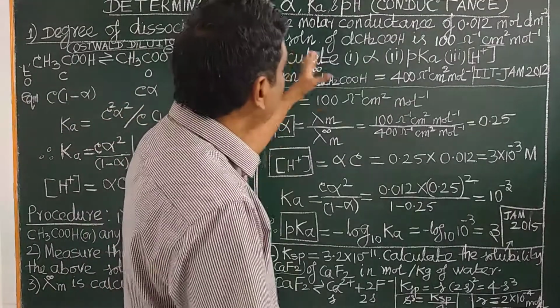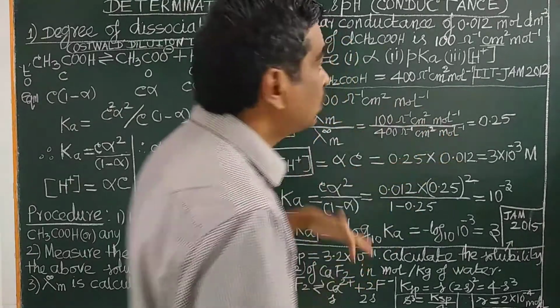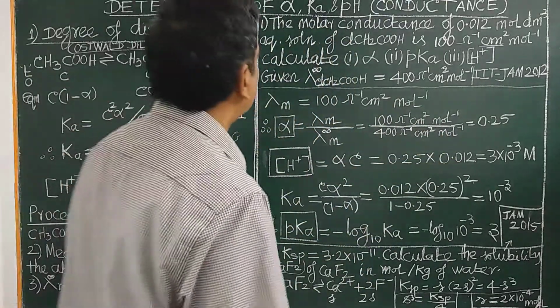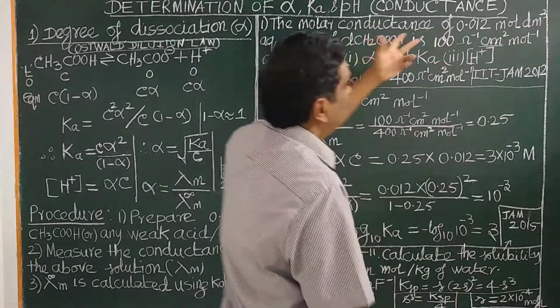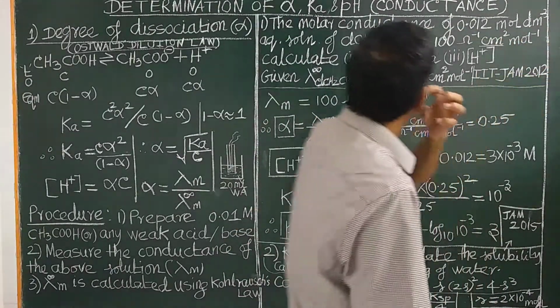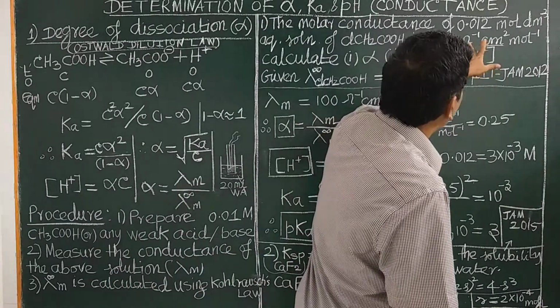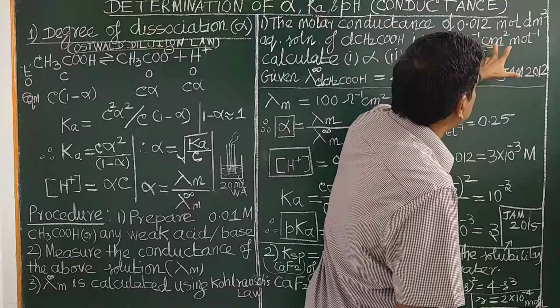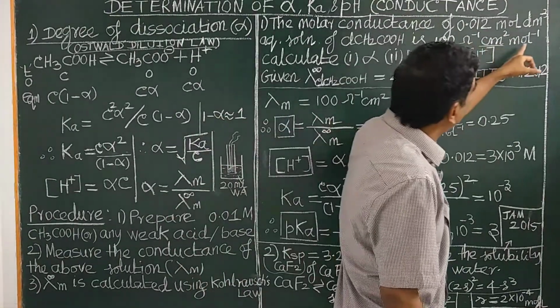Let us now see a few problems asked in IIT-JEE, so that you will be familiar with the units. The molar conductance of a 0.012 mole per liter solution of chloroacetic acid is 100 ohm inverse centimeter square per mole inverse. Remember, 1 decimeter cube equals 1 liter.